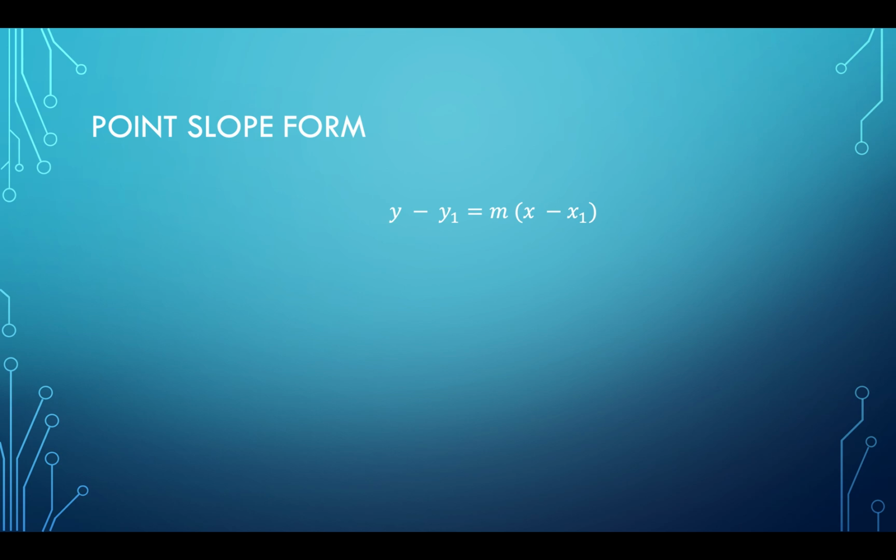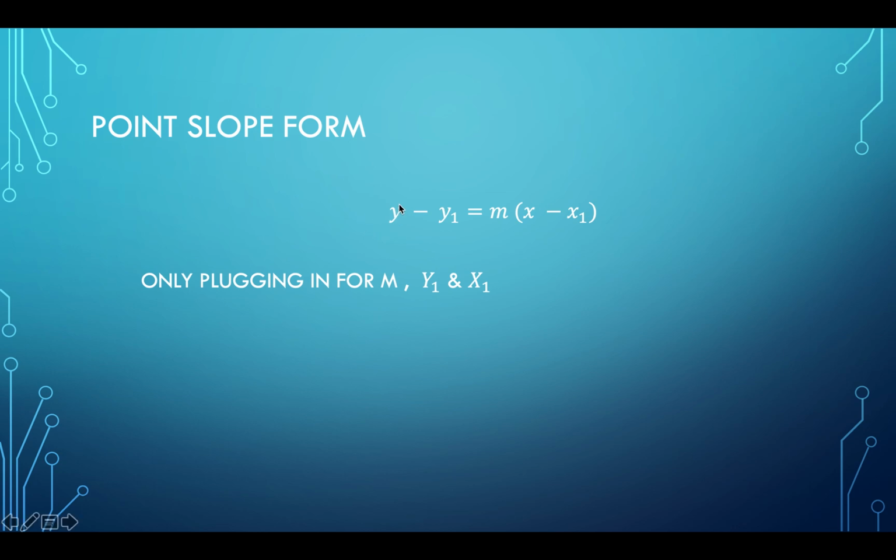The next thing we work with is point slope form. Point slope form is y minus y1 is equal to m times, and then in parentheses, x minus x1. With point slope form, you're only plugging in for m, y1, and x1.